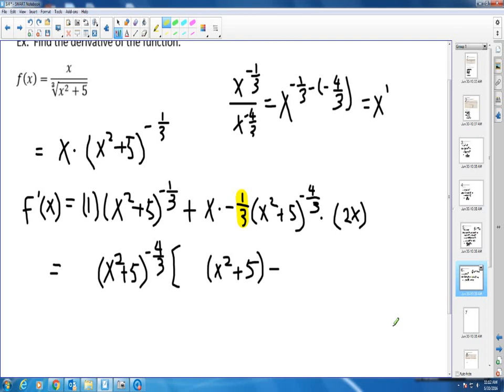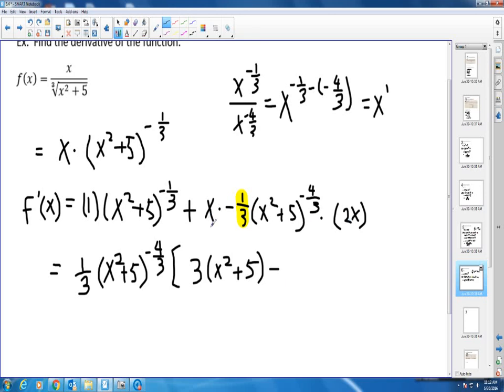I don't really want the 1/3 here, so between the 1 and the 1/3, I'm going to factor out a 1/3. Because if I factor out 1/3, that means 1/3 going into 1 will be 3 times, and 1/3 going into 1/3 will be 1 time here. That makes it a little bit easier to work with in the bracket here.